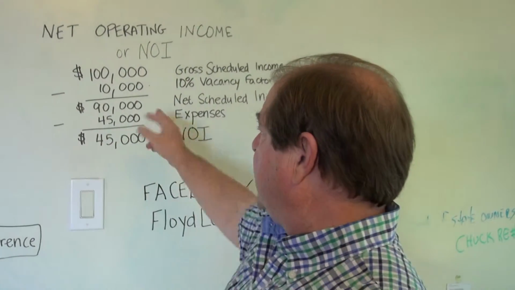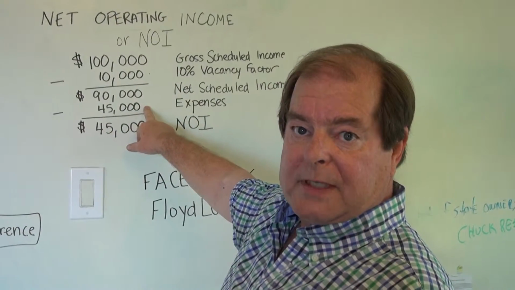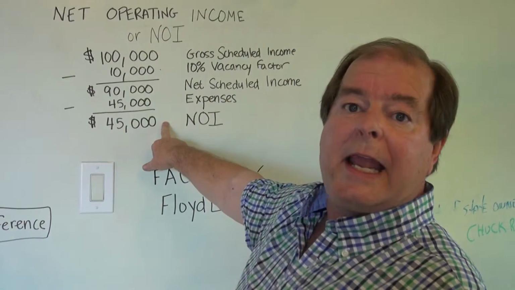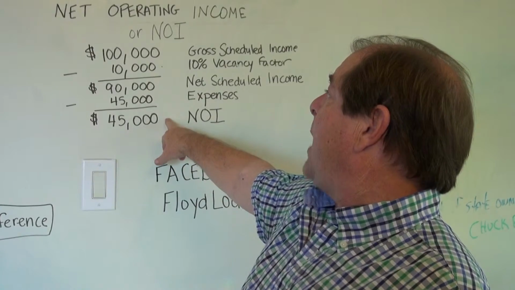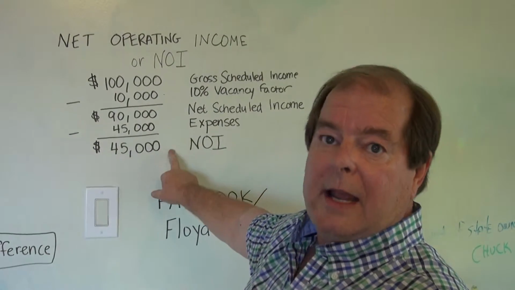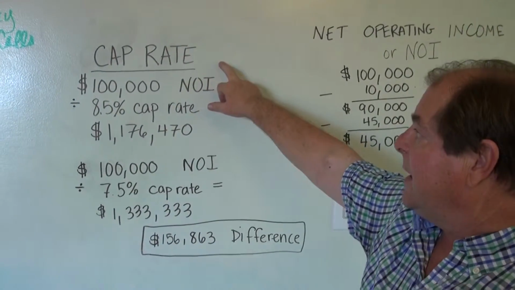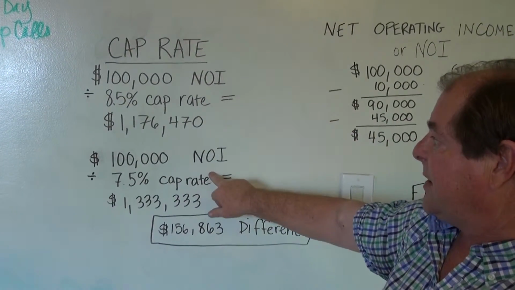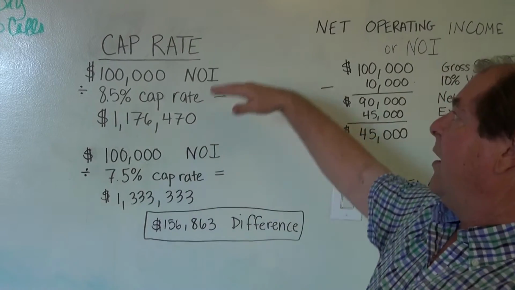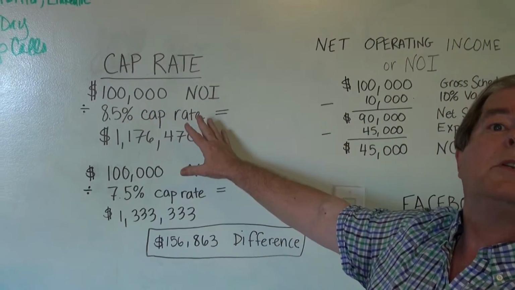So we subtract those out of our net scheduled income, which gives you an NOI, or a net operating income. Now that we have that, we can actually figure out what the cap rate is. And again, if you want the 8.5% or 7.5% or 3.5% or 15%, just plug those numbers in.